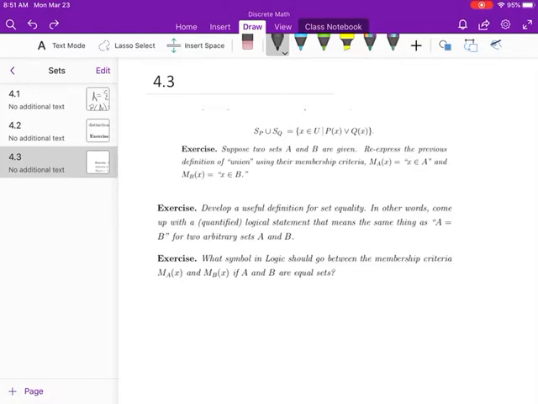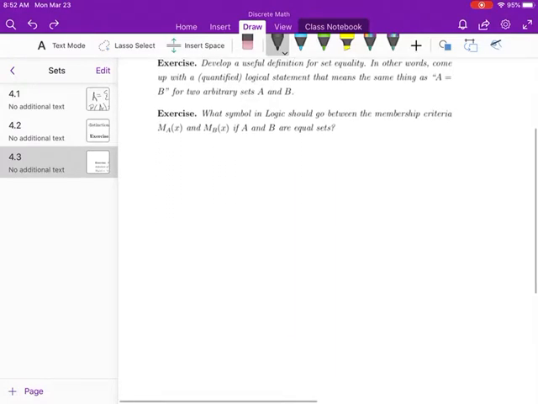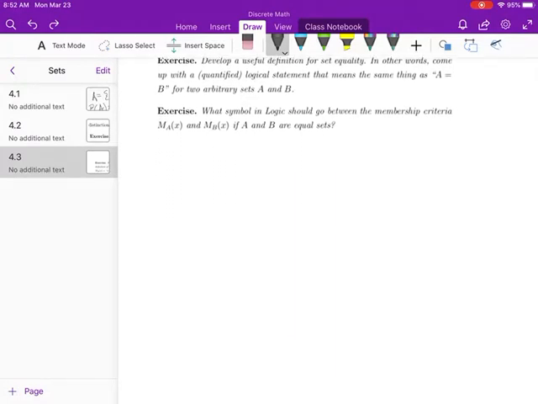And the idea here is that we want to start seeing some of the connections between the logical stuff we did in the earlier chapters and some sets. And you'll see how important sets are, hopefully, by the end of this chapter.